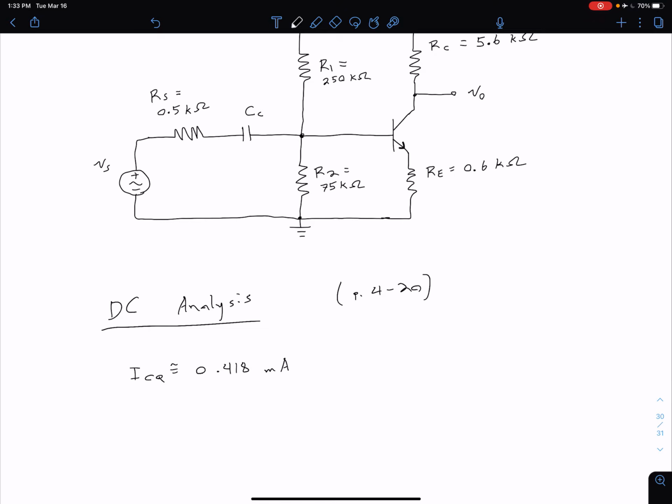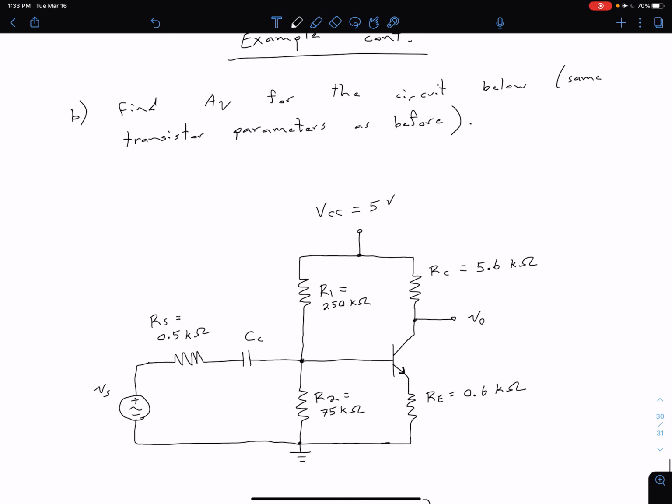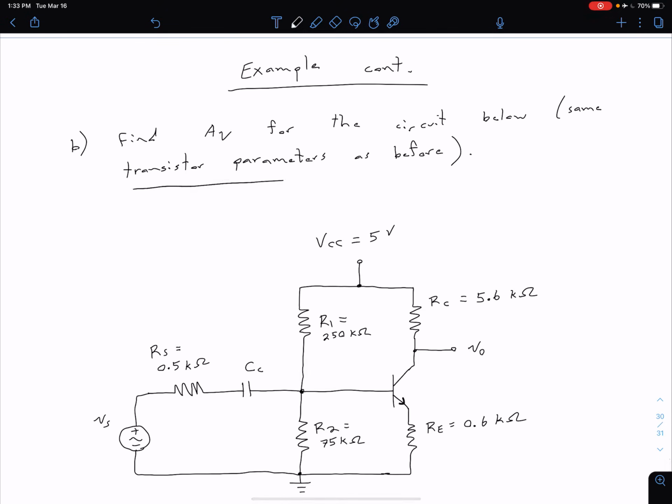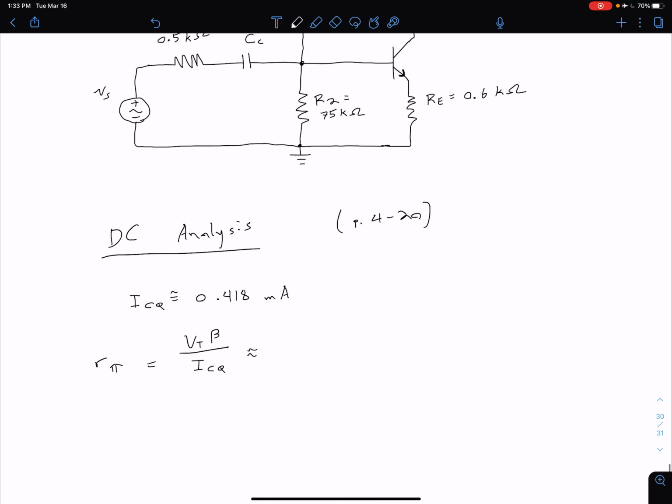We want to use that ICQ value, or our Q point location, to get our small signal hybrid pi parameters of R pi and gm. So our R pi is VT times beta over ICQ, plugging in our values. I glossed over this, but we assume, of course, this is the same transistor as before, so we still have the same beta, VBE on, and VA.